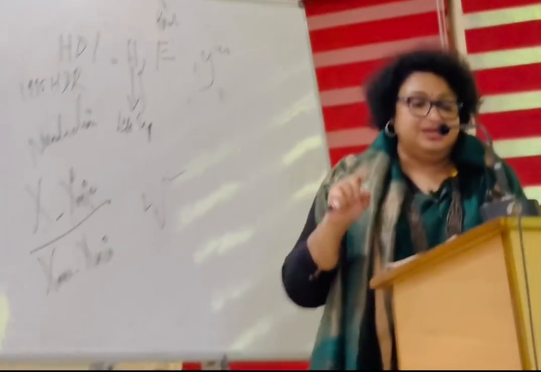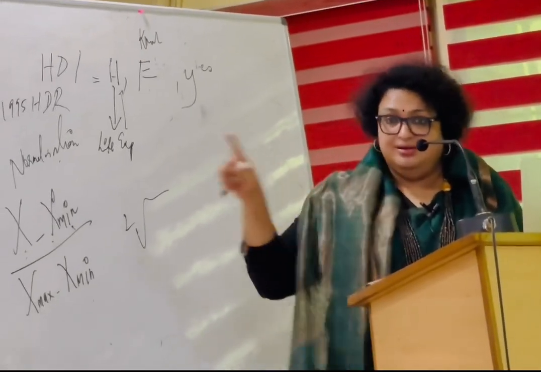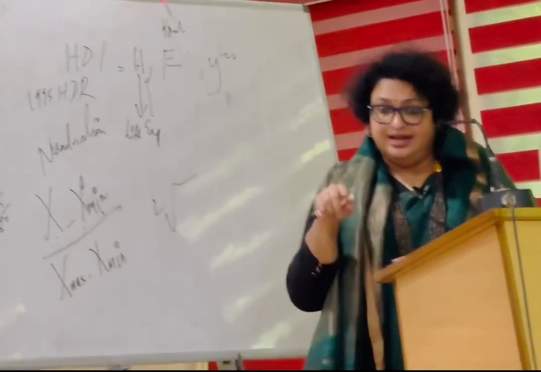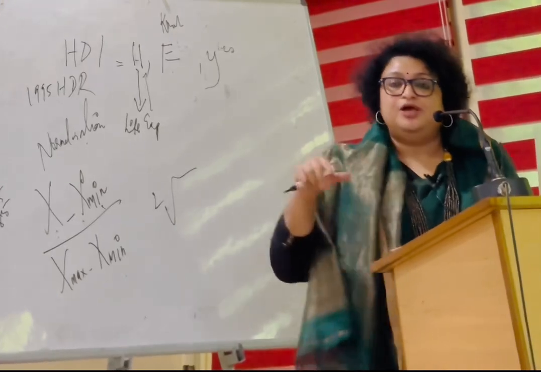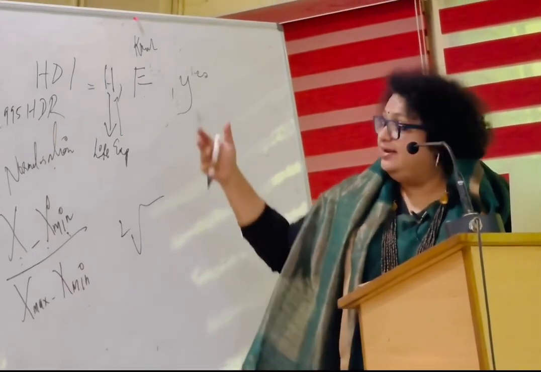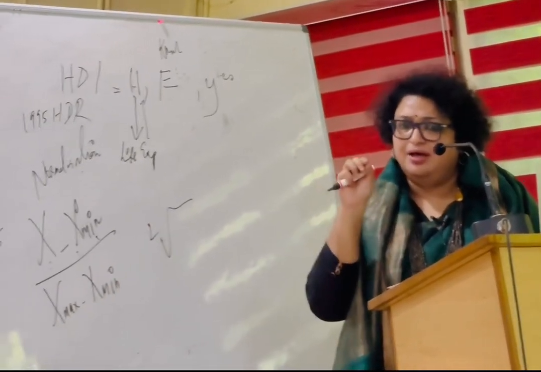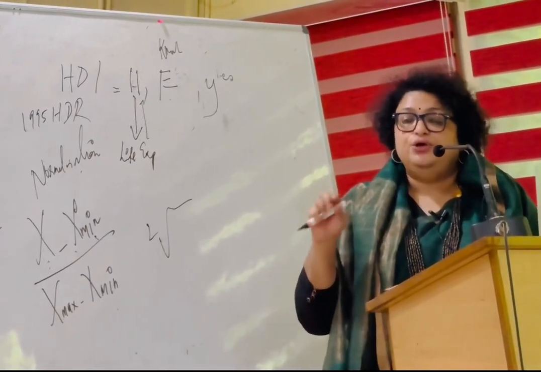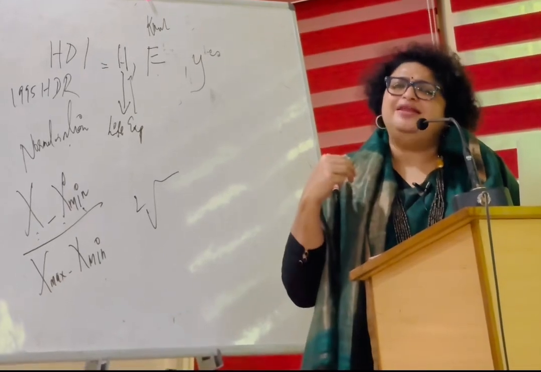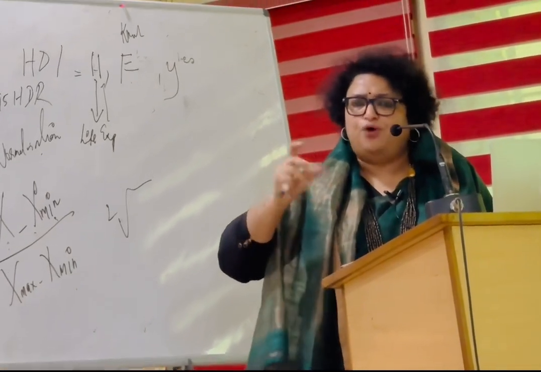Now I will give you the technical notes, and you have to take the recent HDR, the 2024 HDR, go to the annexure, and you get the technical notes in which each step of how to calculate is given. Also on the UN website, you need not do any calculation because it's all formula linked.